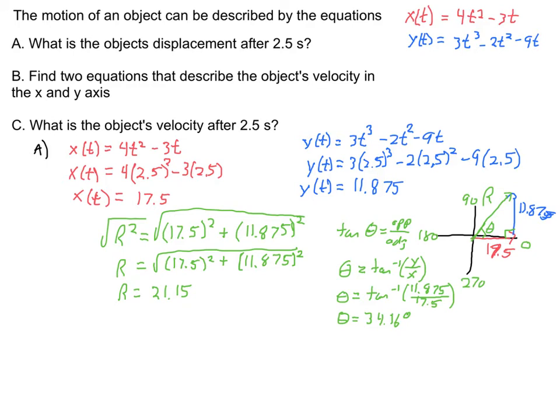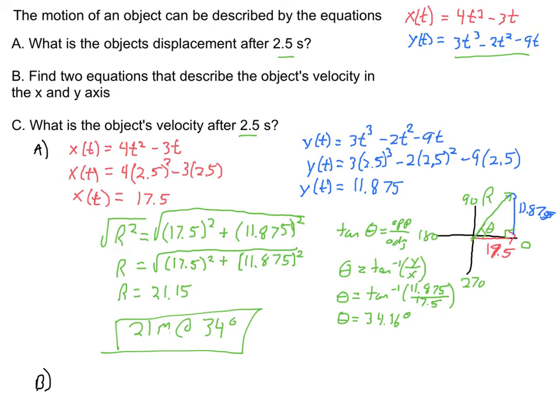So 34.16, round for significant figures here. I'm going to call the equations exact in this problem, which leaves me only 2 sig figs to deal with. So 21 meters at 34 degrees.